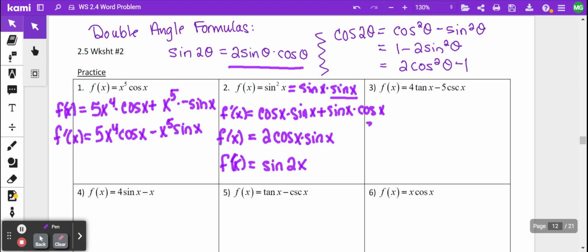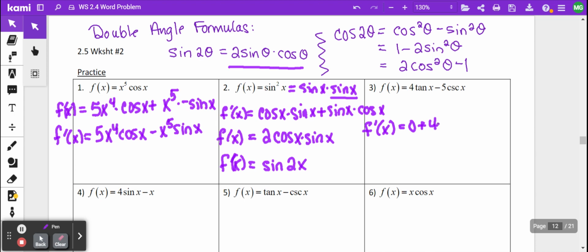So we have the derivative of the first, the derivative of 4, which is 0, times the tangent of x. So that would just be 0, plus 4 times the derivative of the tangent of x. So let's look. We're going right down the line.